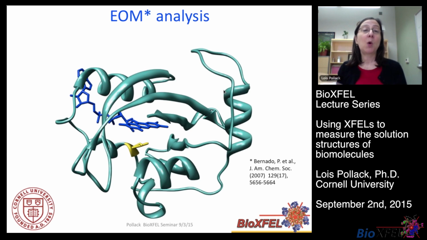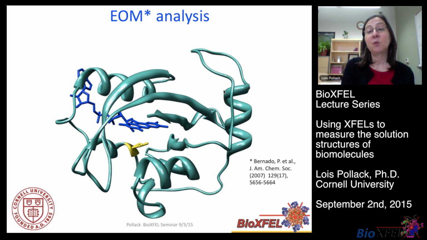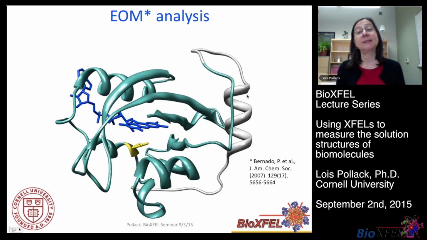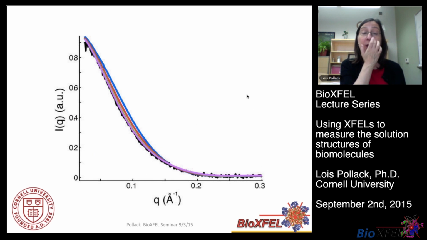Using one of these analysis packages, the ensemble optimization method, what we found is that if we freed up, or made flexible, this terminal helix, we could get the computed scattering profile from the model to look very much like the experimental scattering profile we acquired.